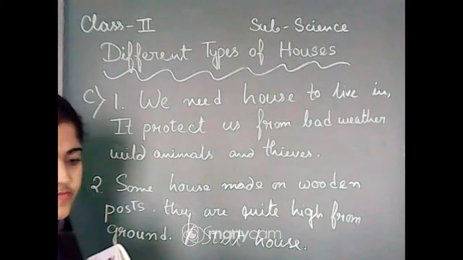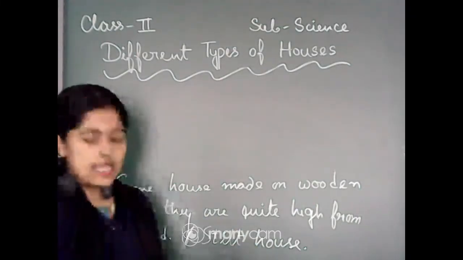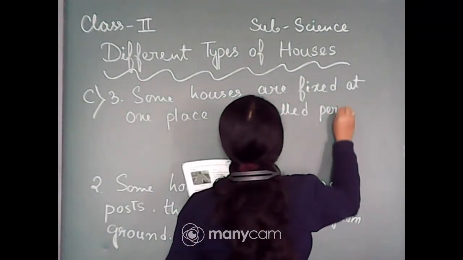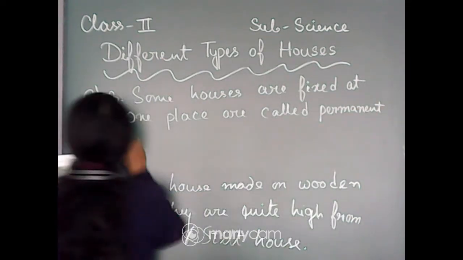You know that some houses fixed at one place are called permanent houses.